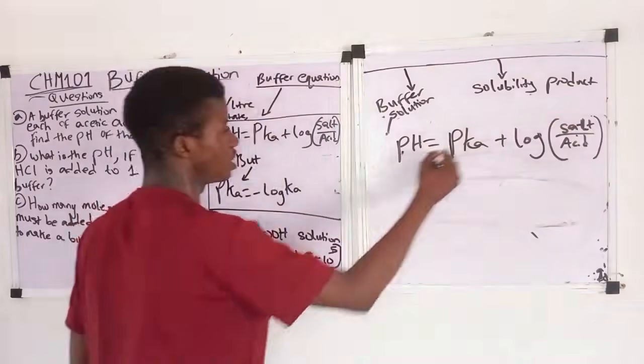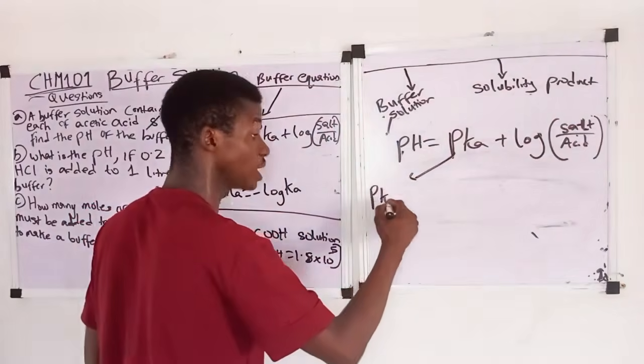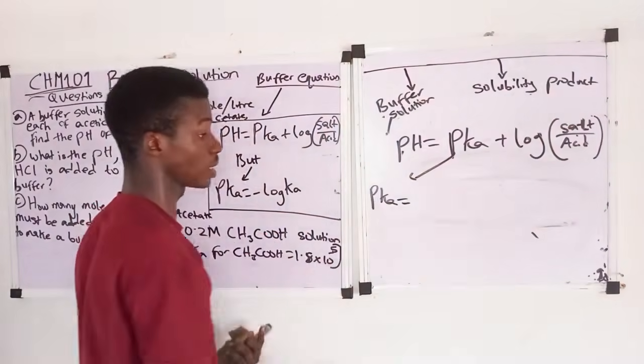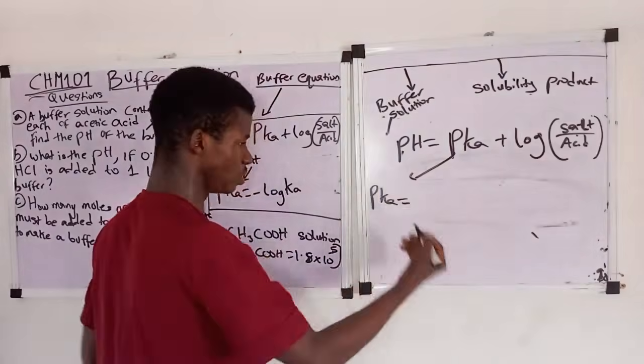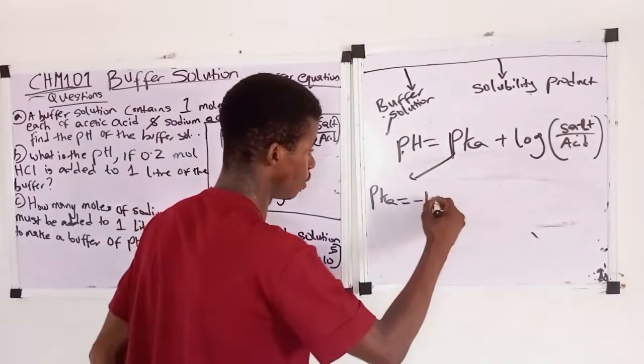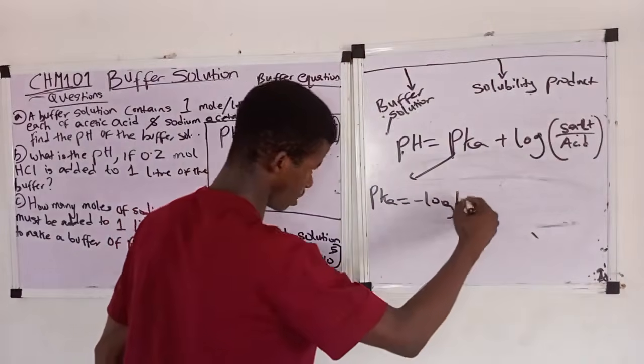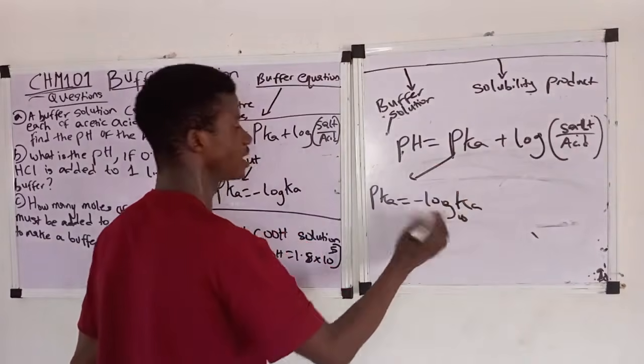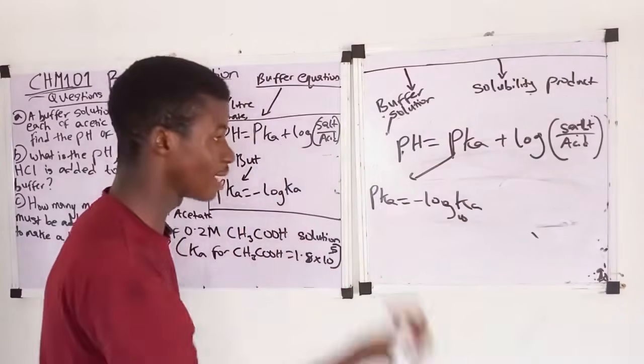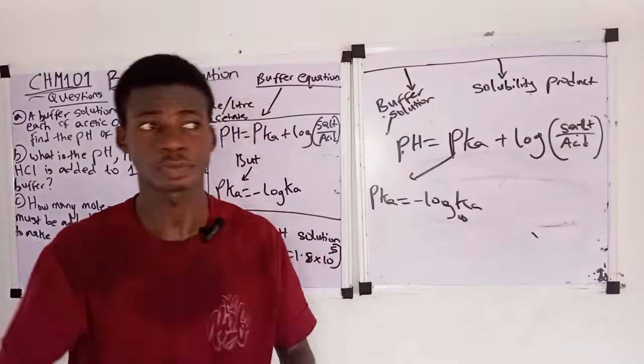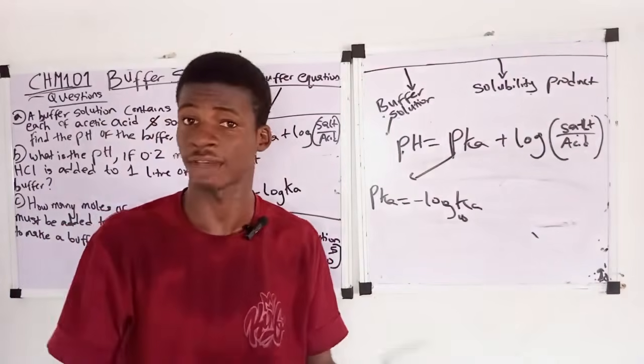Now what is pKa? To look for pKa is very easy. You need to take the negative log of Ka. Remember, Ka is the dissociation constant of the acid, right?